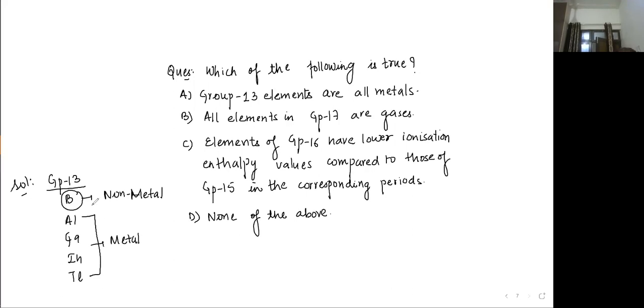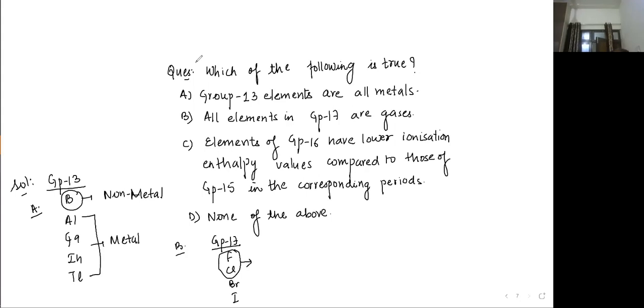Then what about statement B? In group 17, all are gases: fluorine, chlorine, bromine, iodine. No. Remember, we have classified them as solid, liquid and gas. Gases were all group 18.